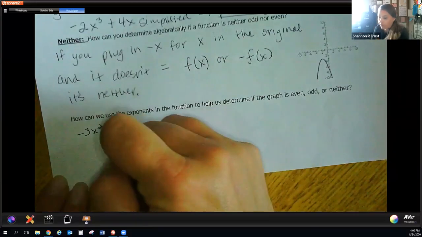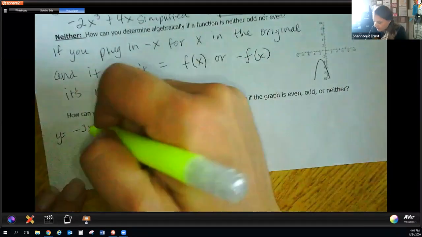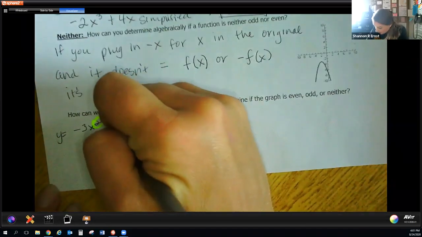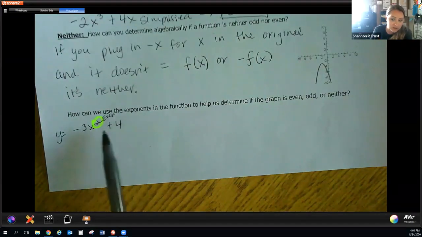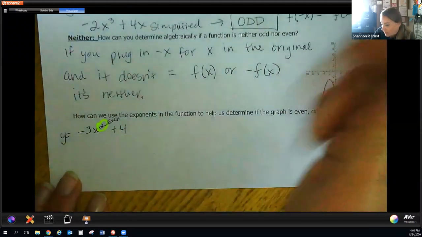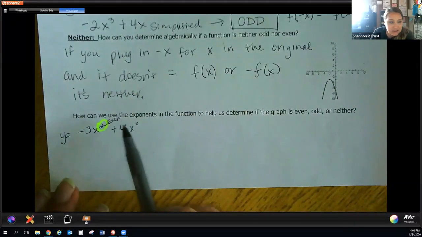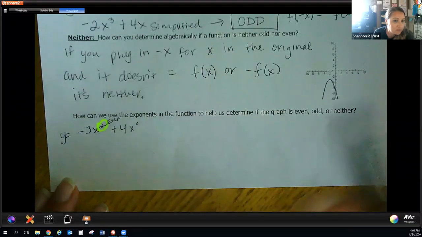So if we look at just the exponents only on all of the terms, our first exponent here, 2, is even. Our next term is 4. There's technically not an exponent there because there's no x. So if there's no x and it's just a constant, you can technically write that as x to the 0, because anything to the 0 is actually 1. So 4 times 1 is 4.